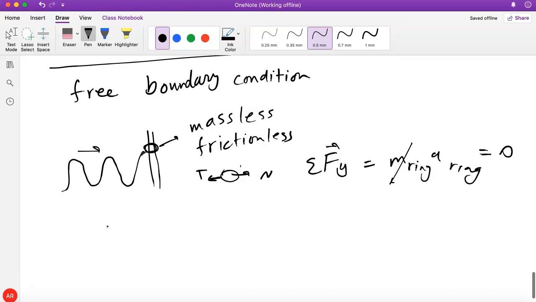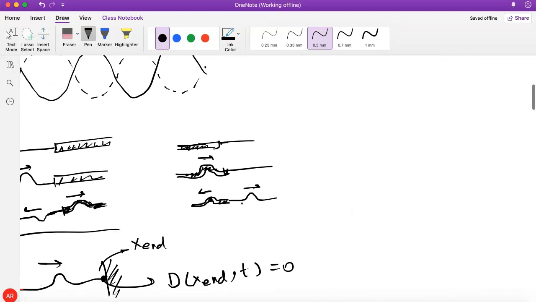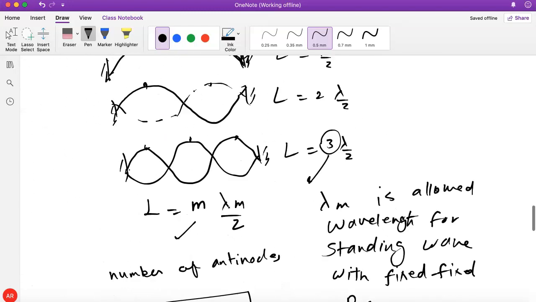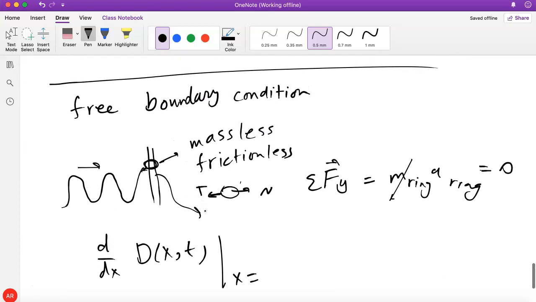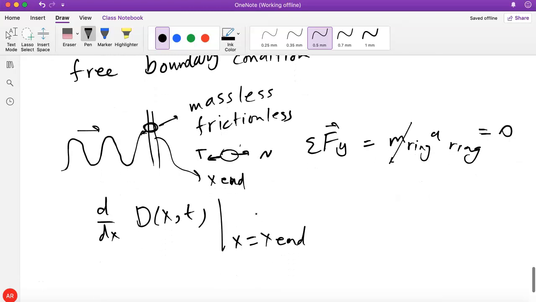That means that if you take the derivative with respect to x of this quantity for any time, you fix time, it's like looking at some snapshot figure like here. And then at x equal here, let's call it x boundary, or x end, at that point this must be 0. So instead of the displacement itself being 0, its derivative with respect to the position is 0.